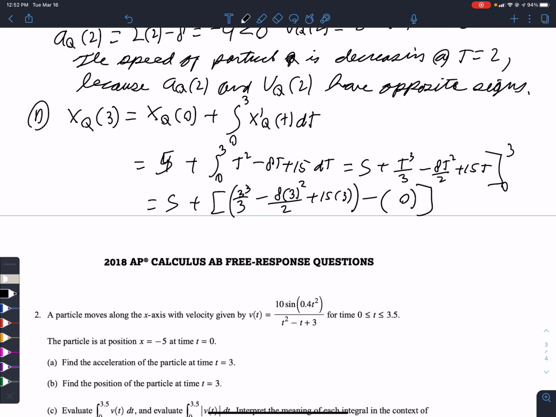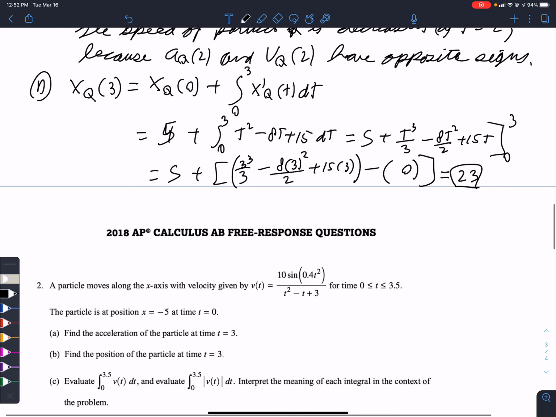Take that back. You don't have to simplify this. That answer is sufficient. Now, if you did happen to simplify this, it comes out to be 23. And that is the first FRQ.